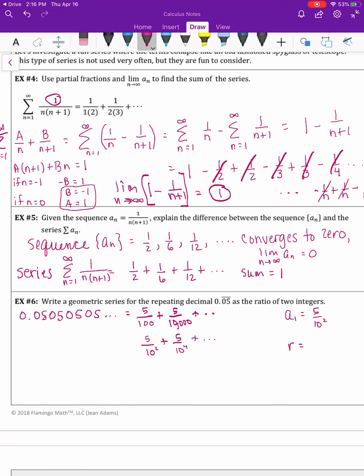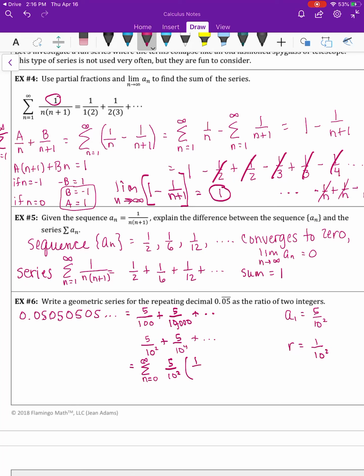For this one, your first term is 5 over 10 to the 2nd. Your r, because every time, what are you multiplying by to get to the next term? You would be multiplying by 1 over 10 to the 2nd to get the next term.